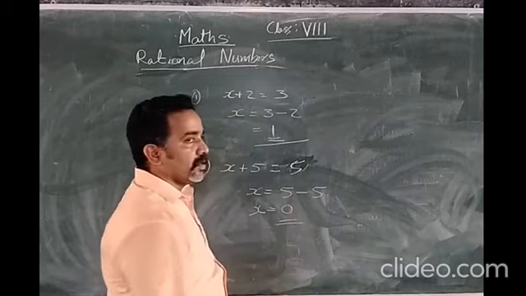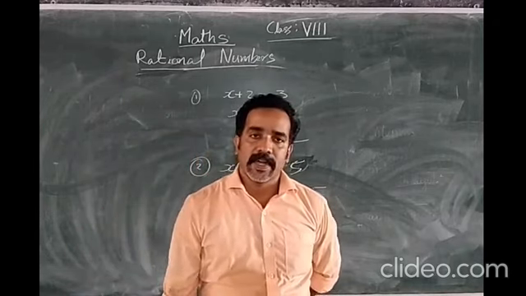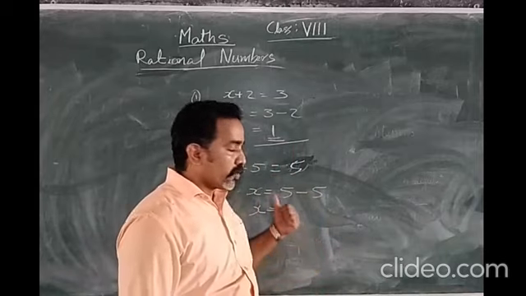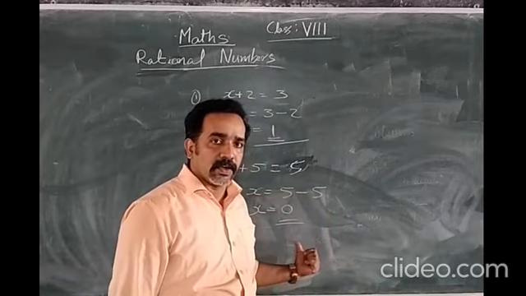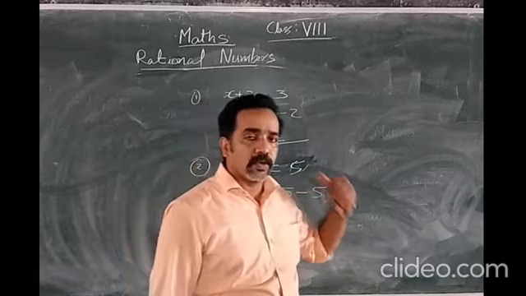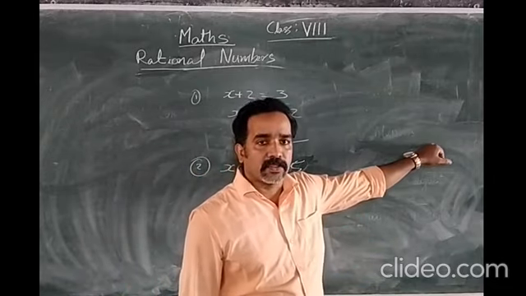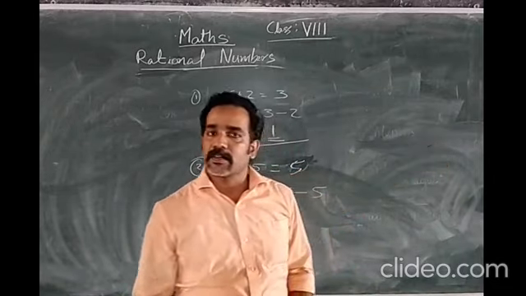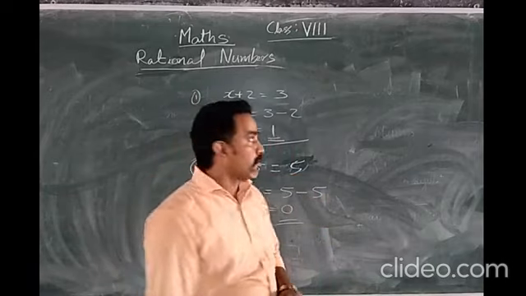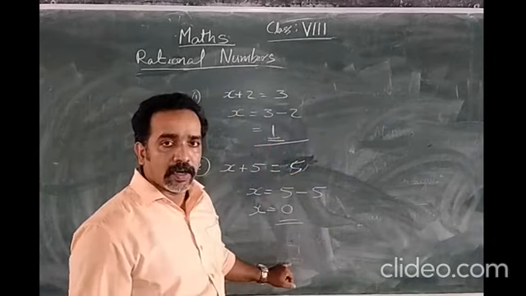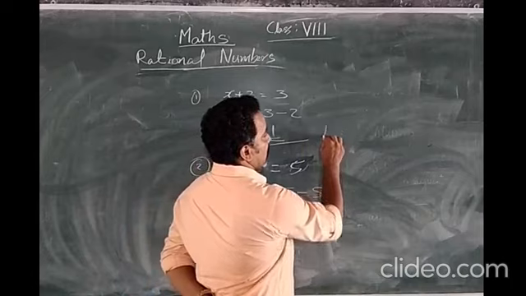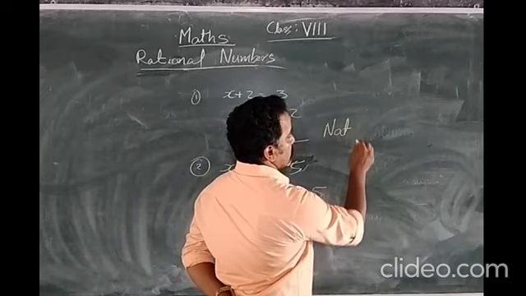But if there is only the set of natural numbers, 0 is not there. So we need 0. If you include this 0 in the set of natural numbers, we will get another set of numbers. That set of numbers is called the whole numbers.